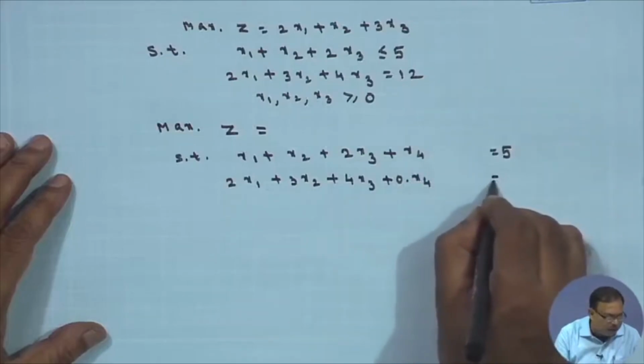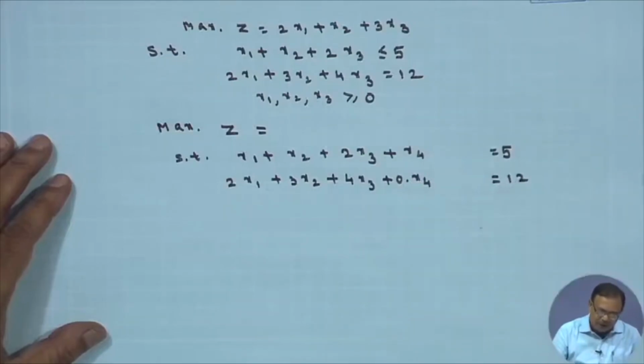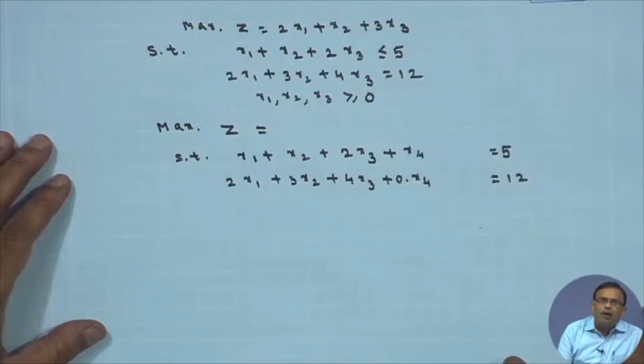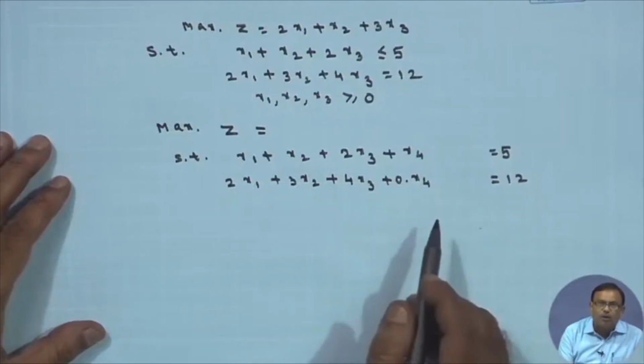Suppose I am writing just like this, what will happen in this case? If I do not add any variable over here, what would be the consequence?